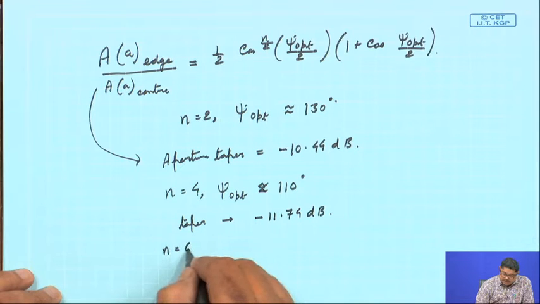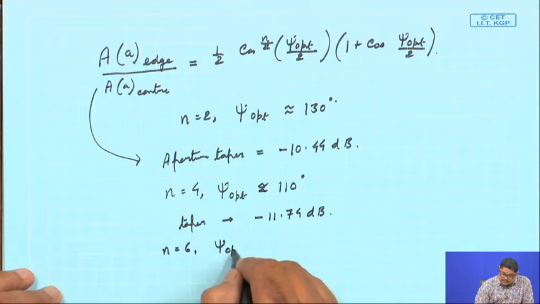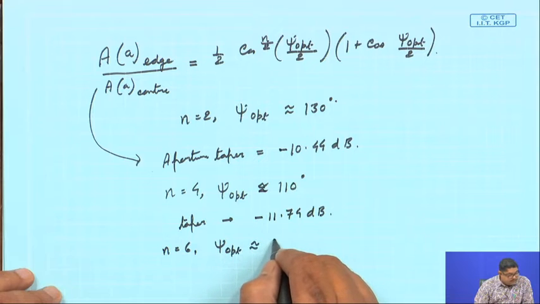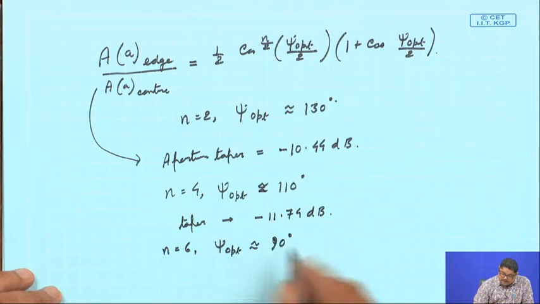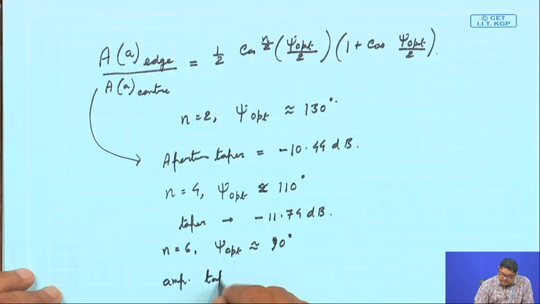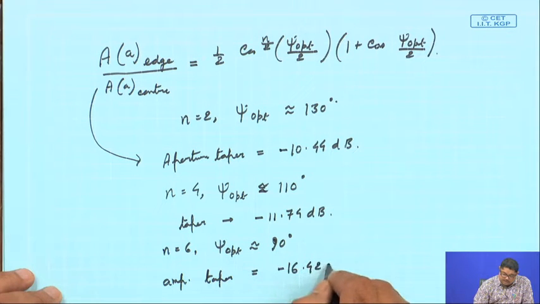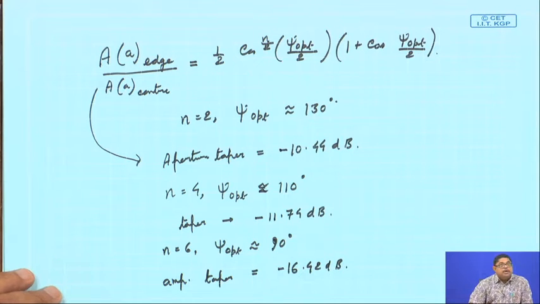For n equal to 6, this from the graph is almost 90 degrees. So, the amplitude taper is minus 16.42 dB, etc.